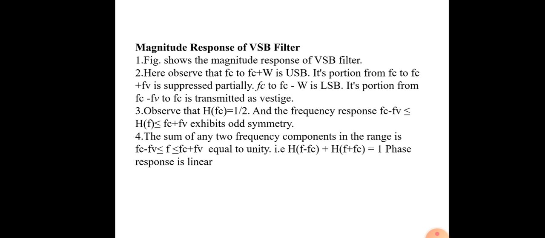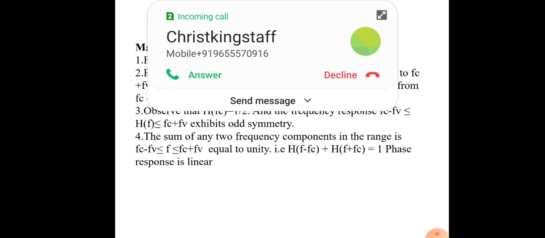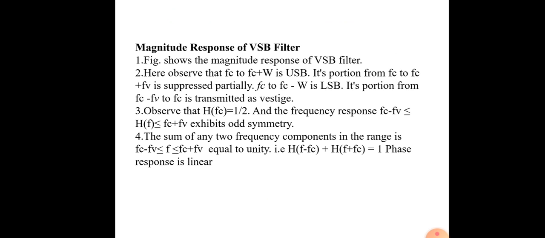Okay, and then observe fc plus w is the USB. That means in our upper sideband we consider fc plus w. fc is the cutoff frequency value, and fc minus w is the lower sideband.